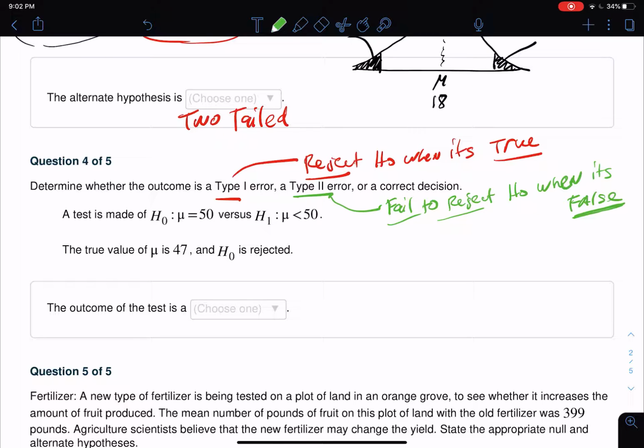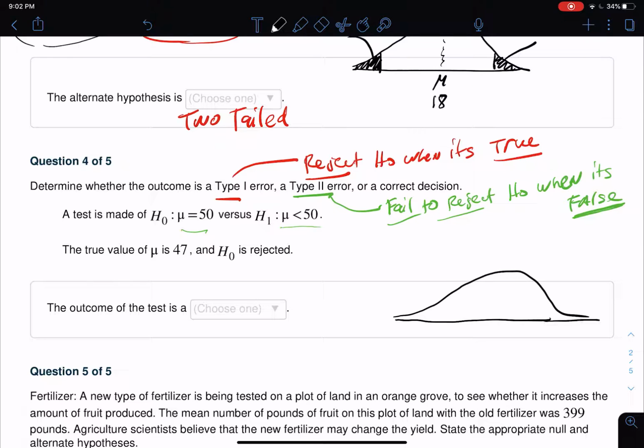All right, so we want to know what's going on here. A test is made. The null says mu is equal to 50, and the alternate says that mu is less than 50. Maybe we get a little picture going here. As you know by now, I'm kind of a picture freak.